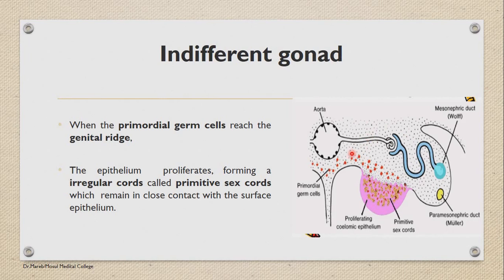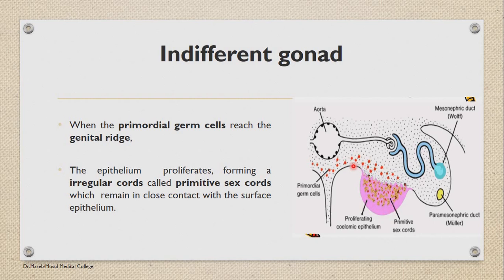Now, when the primordial germ cells reach the genital ridges, the epithelium starts to proliferate and forms irregular cords, and this irregular cord is called a primitive sex cord, and this primitive sex cord remains in close contact with the surface epithelium. So just to remind you what is happening during this stage: number 1, formation of the genital ridge or gonadal ridges.